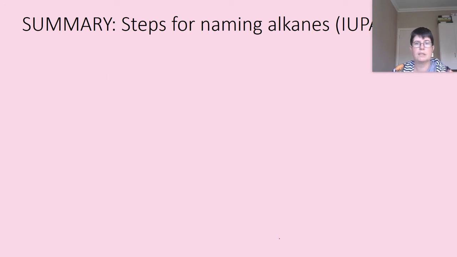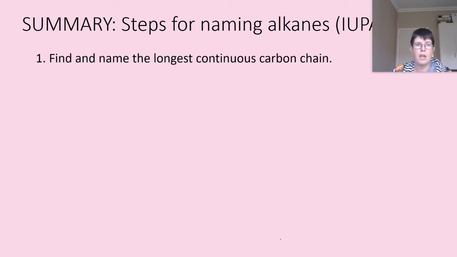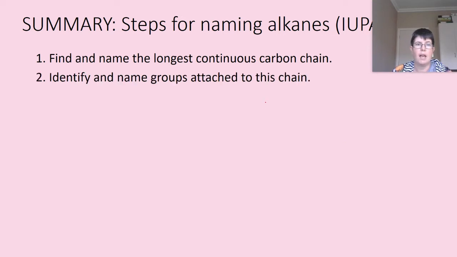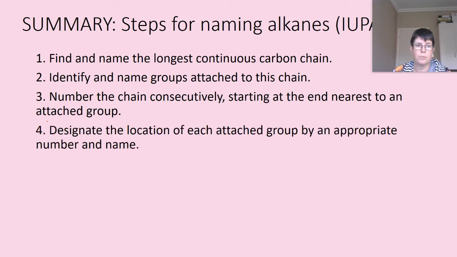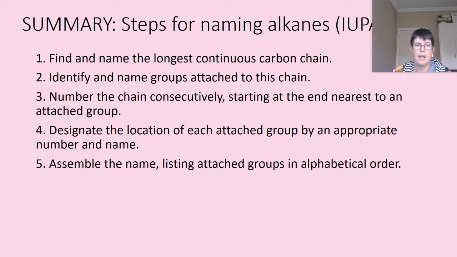Okay, so the steps for naming that I'm going to go through are to find and name the longest continuous carbon chain, identify and name the groups attached to this chain, number the chain consecutively, starting at the end nearest to an attached group, designate the location of each attached group by an appropriate number and name, and then assemble the name, listing the attached groups in alphabetical order.